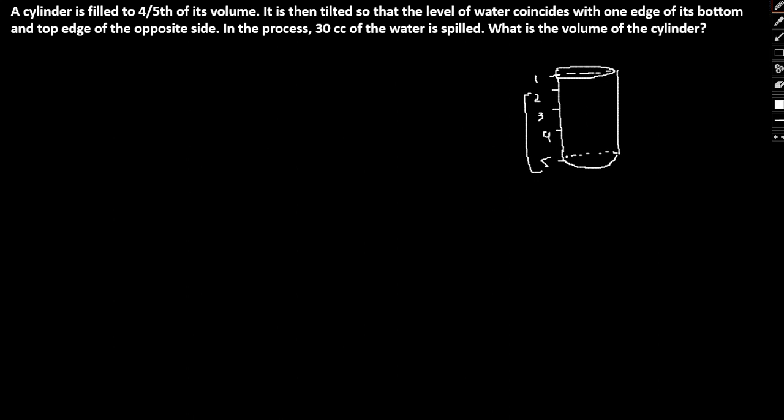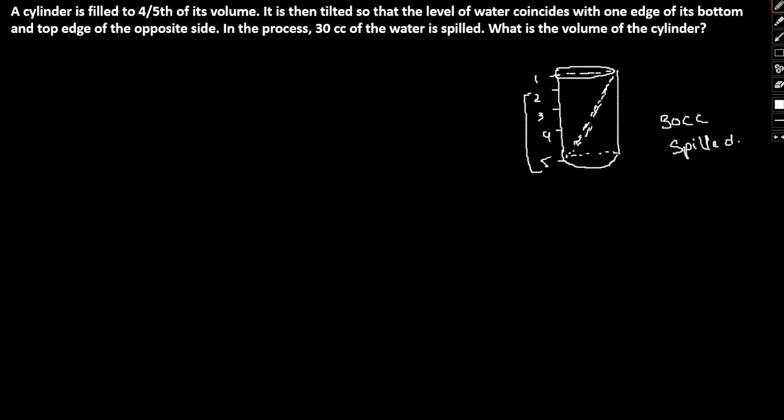So now it is tilted so that the water coincides with one of the edges of its bottom and the top edge of the opposite end. So it is tilted in this way. So the cylinder is tilted so that the water is basically in this form. So in this process, 30 cc of water is spilled.